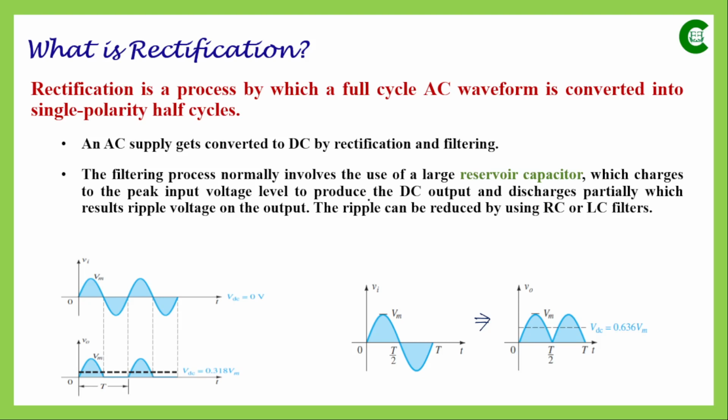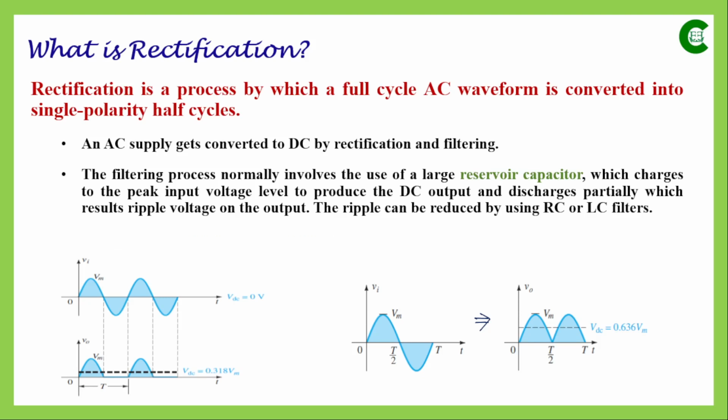This ripple can be further reduced by using filters like RC or LC filters, but this filtering process is not within the scope of this class. I will discuss the conversion process from AC to DC involving filtering in a future class. So let's focus on the rectification part only for today's class.